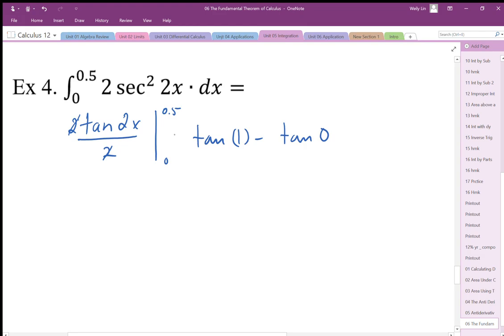So our displacement works out to be tan of 1. If I type that into my calculator, tan 1 is approximately 1.56, and that represents the area underneath this curve from 0 to 0.5.